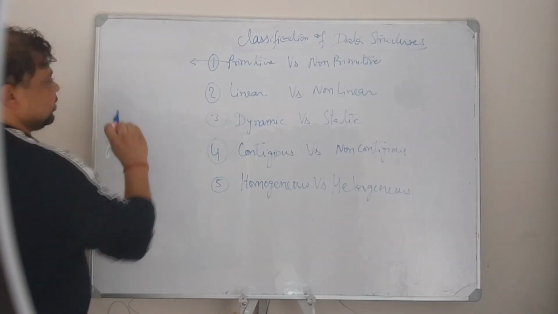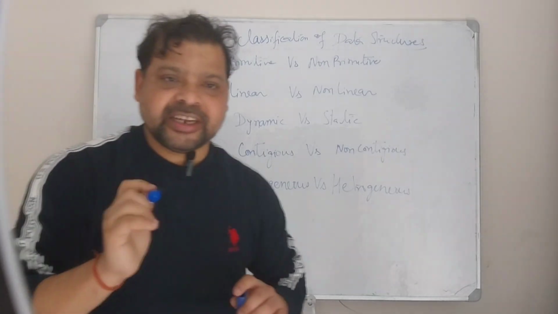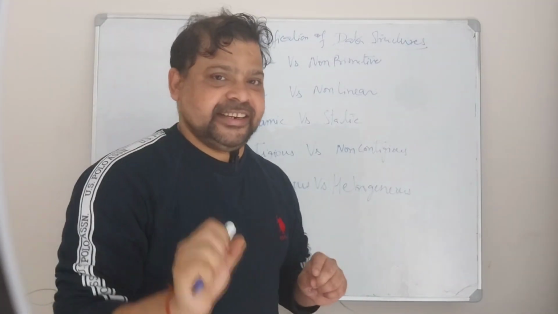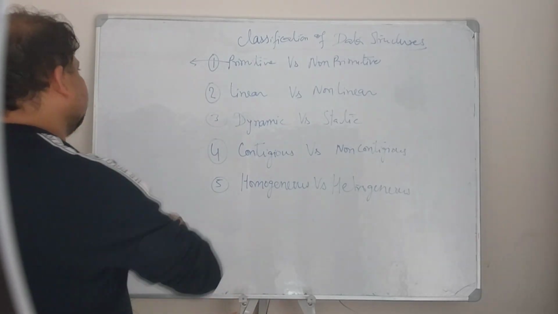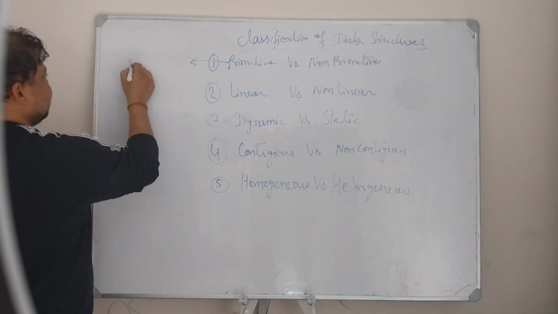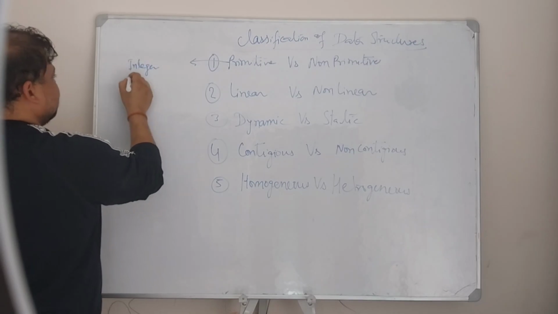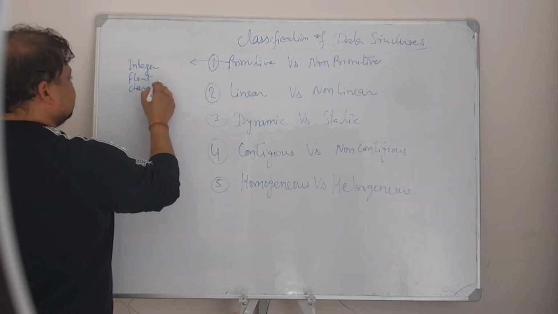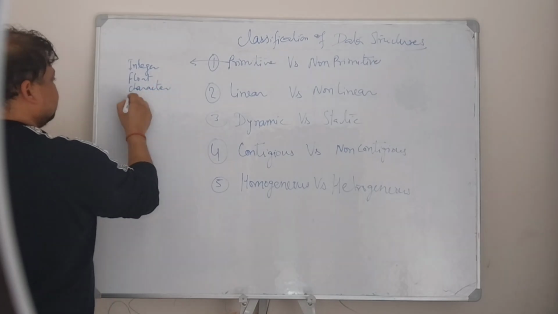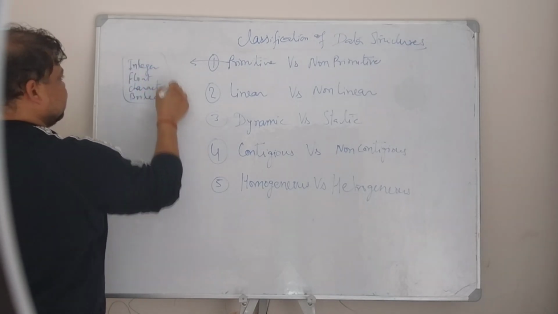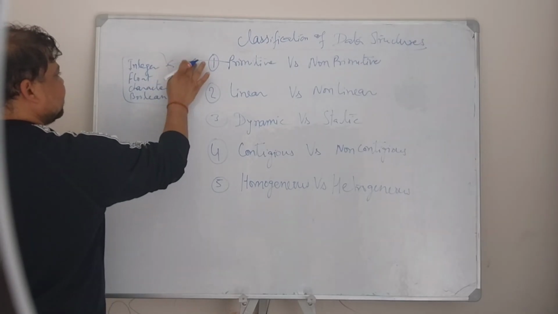In case of primitive data structure, that means whatever data structure is handling only a single data. That is called the primitive data. So single data I am handling here. The data types are integer, float, character, boolean, etc. These are your primitive data types, because these are handling only a single data.